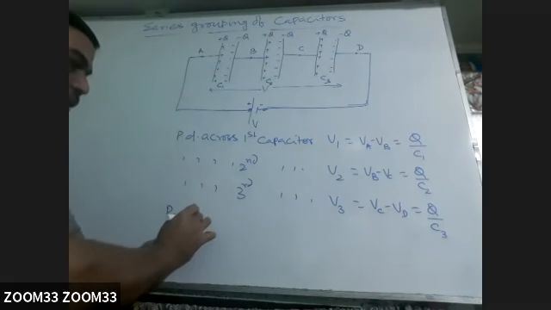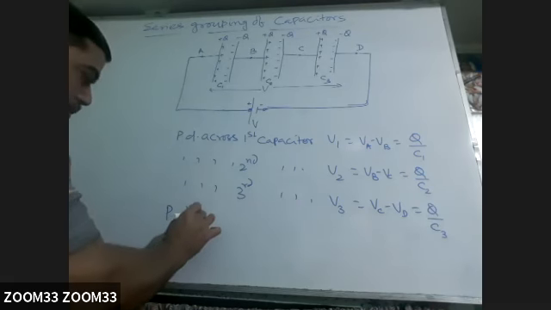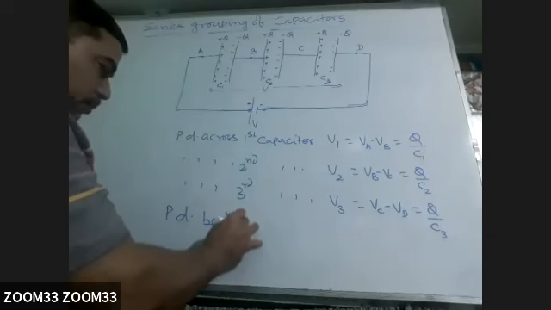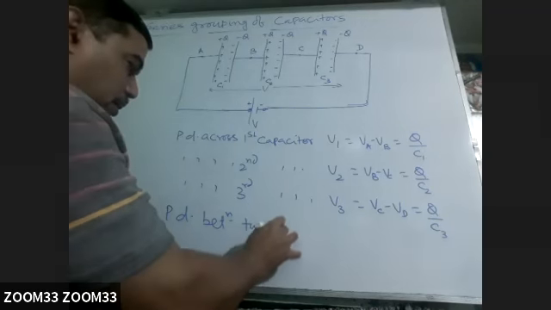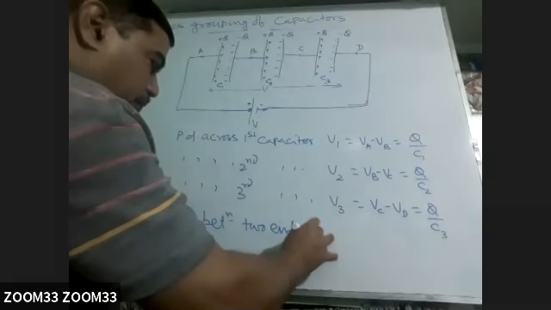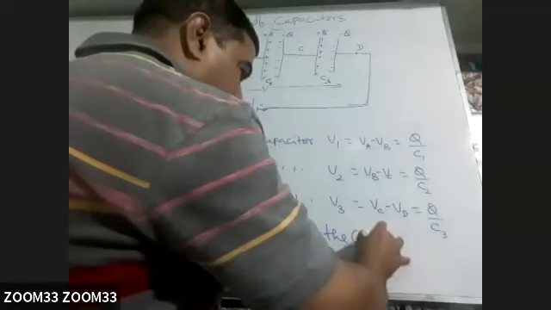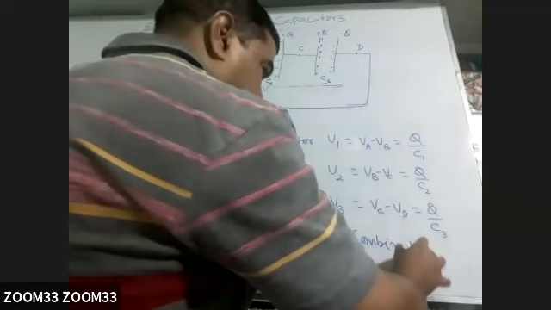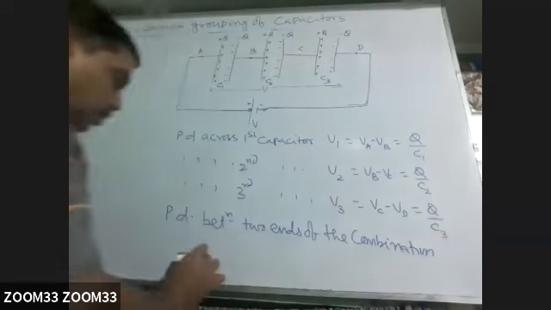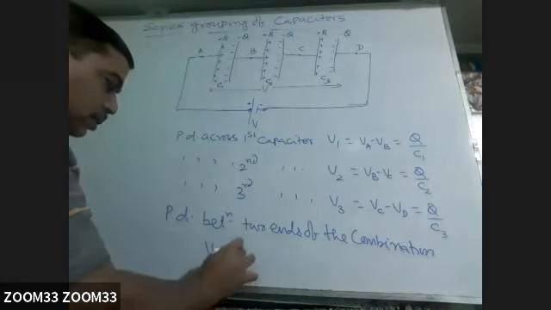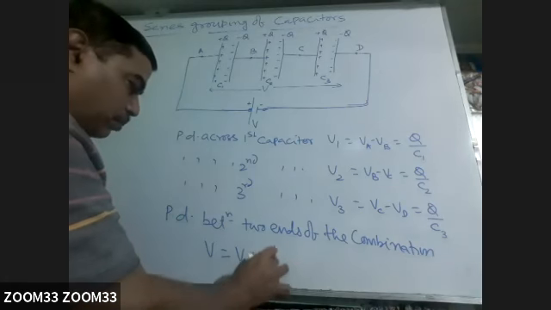So potential difference between two ends of the combination or group, this V will be how much? V1 plus V2 plus V3.